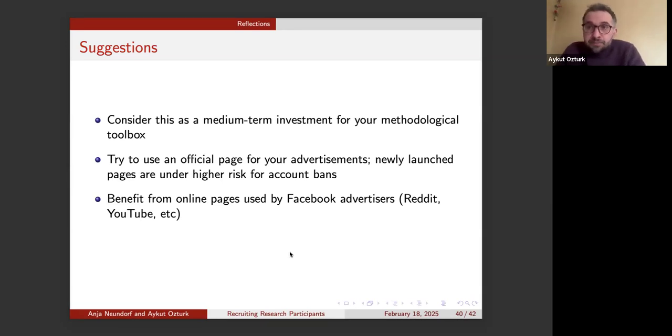You can have a difficult time setting up Facebook pixel, which lets you decrease costs, and so on. It takes some time to learn how to use these tools successfully.